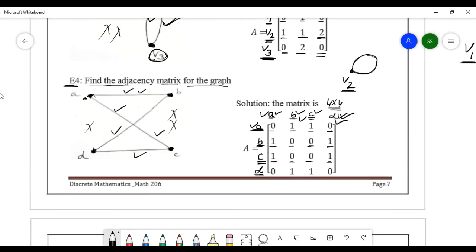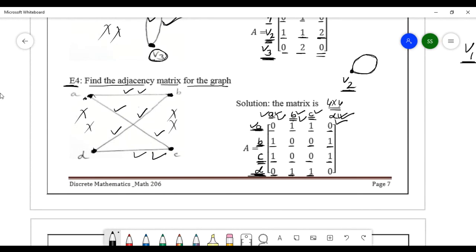D to A, no edge, so here 0. And now D to B, here one edge exists, so here 1. And now D to C, here one edge exists, so here 1.